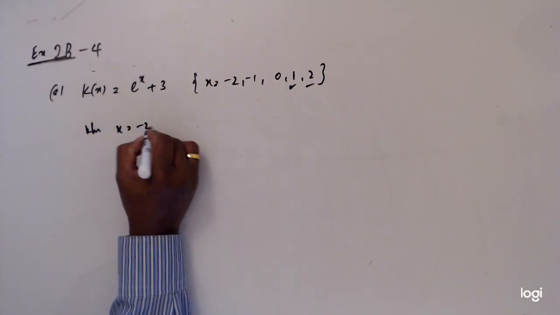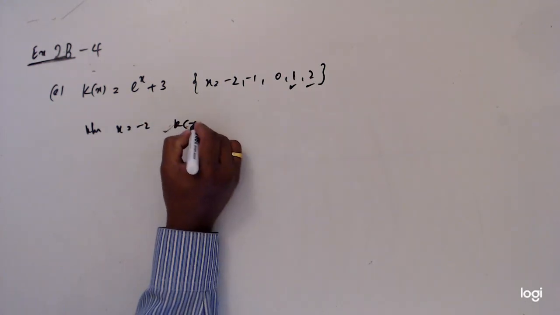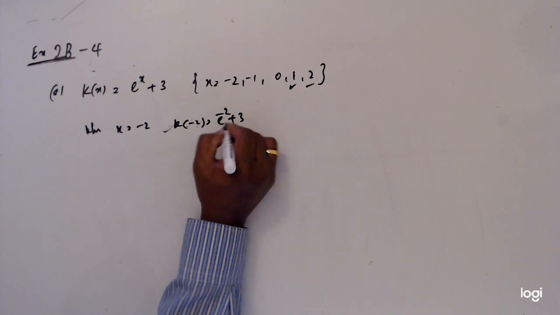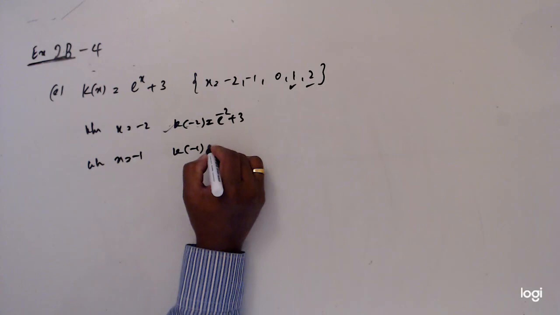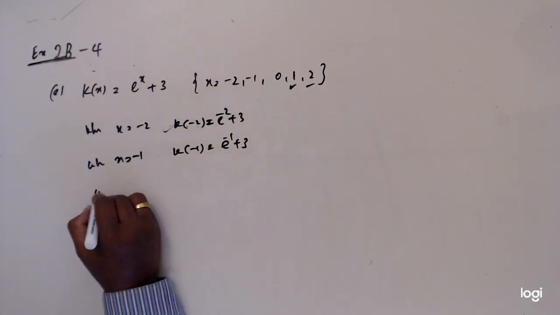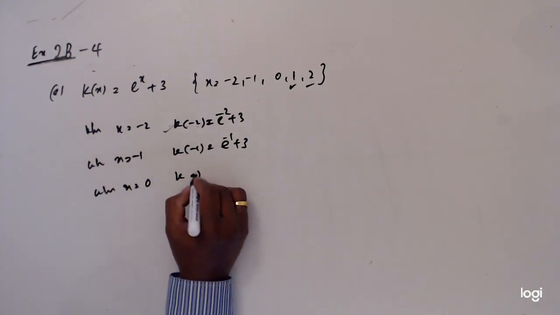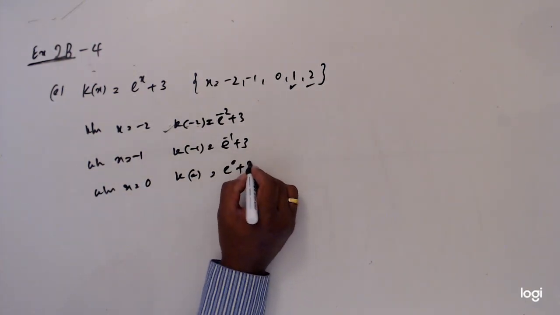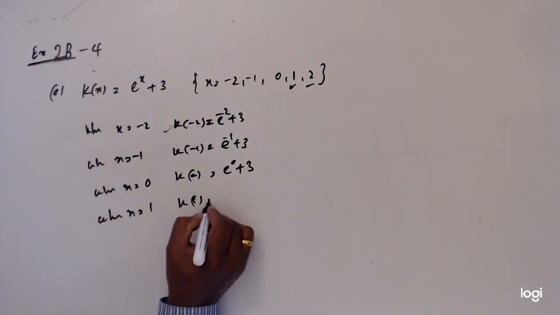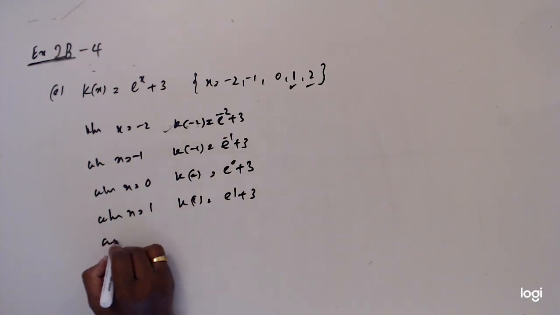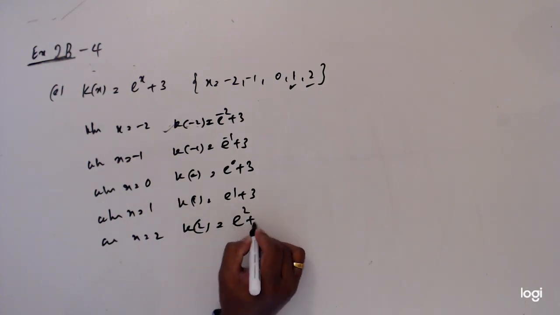When x equals -2, k(-2) equals e to the power -2, k(-1), when x equals 0, k(0) is e to the power 0 plus 3, when x equals 1, k(1) is e to the power 1 plus 3, and when x equals 2, k(2) equals e to the power 2 plus 3.